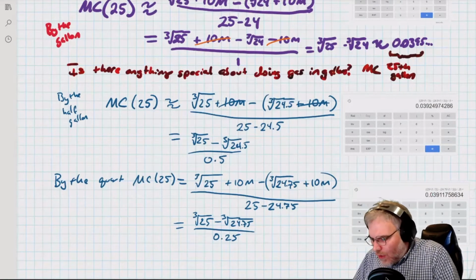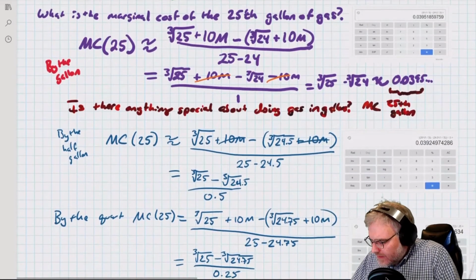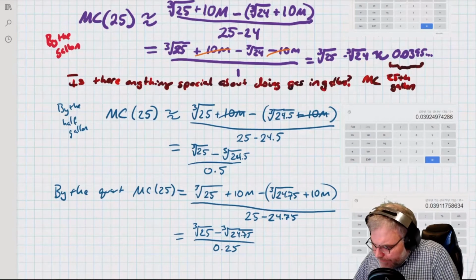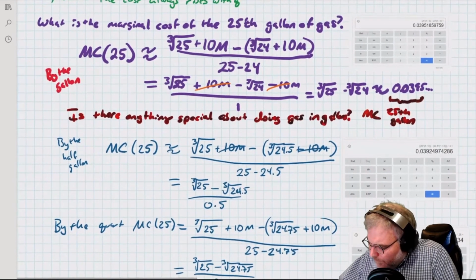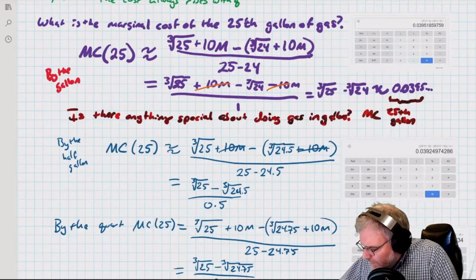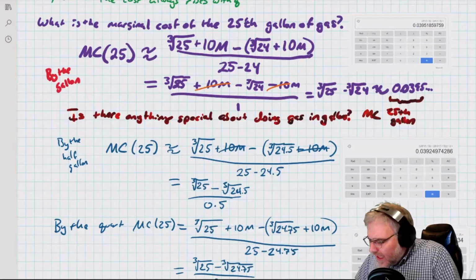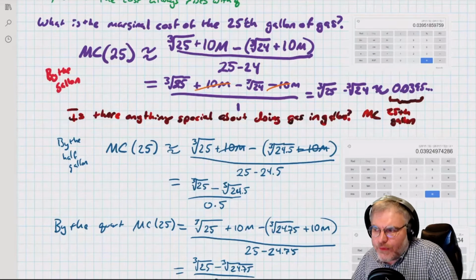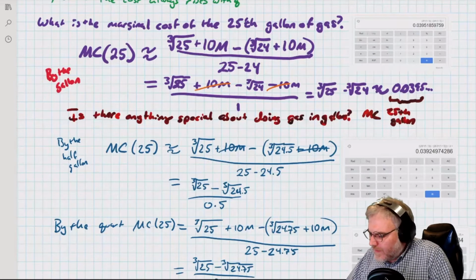I could have done it by the quart and all of these other things. But these numbers are tending to something, aren't they? Right? I went from 0.0395 to 0.0392 to 0.0391. If I just said 0.039 and said close enough for government work, that would be a good approximation of what I'm doing.